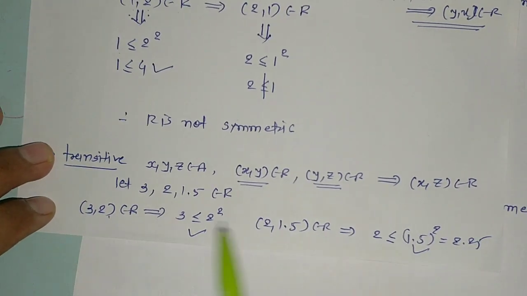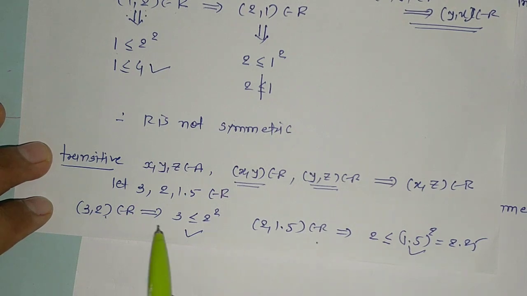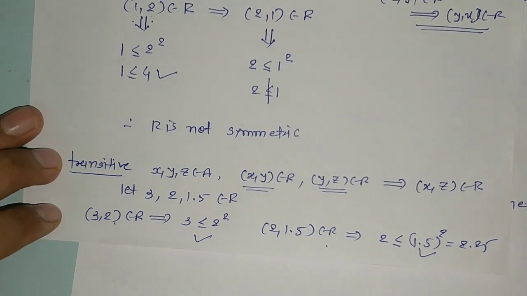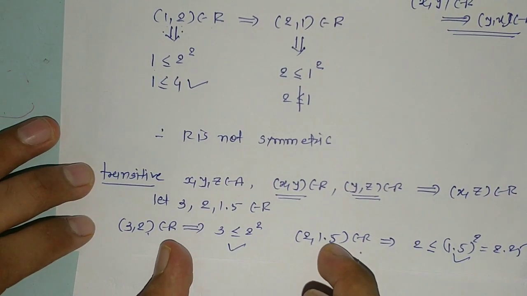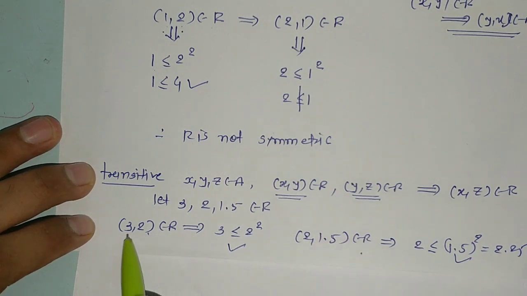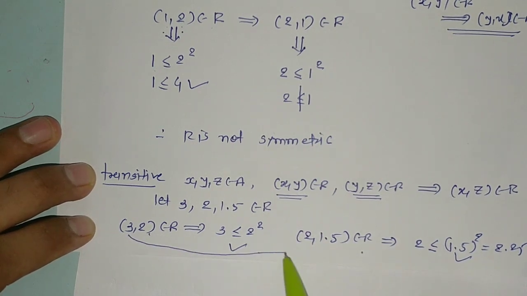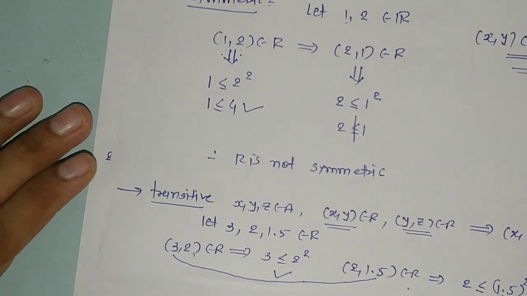So these two pairs satisfy the condition of the relation. Now if we merge these two, that means (3, 1.5), does that pair satisfy this relation? Let's check it.